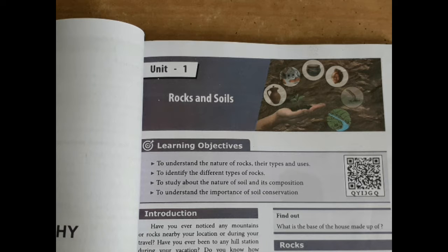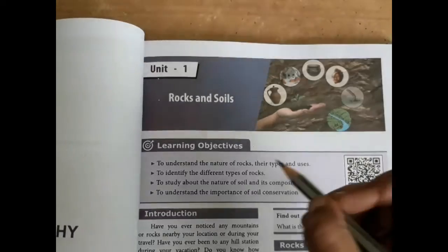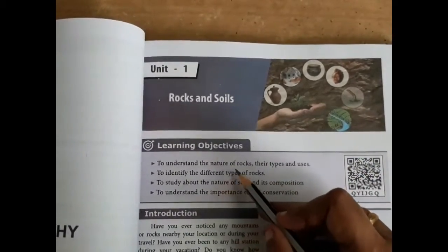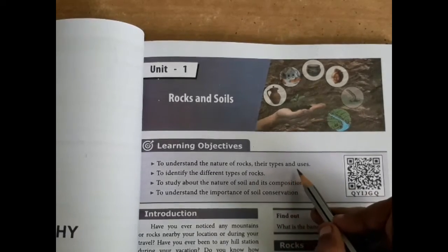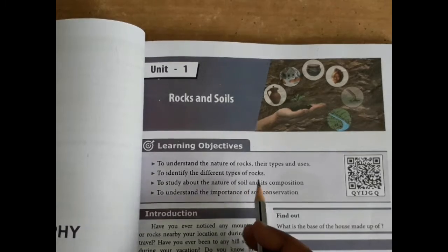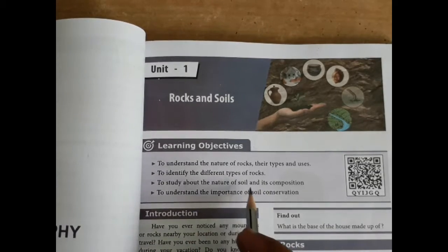The learning objectives are to understand the nature of the rocks, their types and uses, to identify the different types of rocks, to study about the nature of soil and its composition, and to understand the importance of soil conservation.